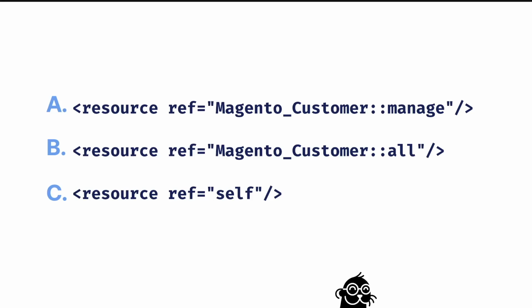For option B, the Magento_Customer::all reference, this would actually be a major security risk. Basically, as the name implies, this is allowing access to all customers' data. So we could have one customer viewing another customer's banking information, or really any other data that is available in that API endpoint, that request. Because obviously, sometimes we have additional data getting passed through there.